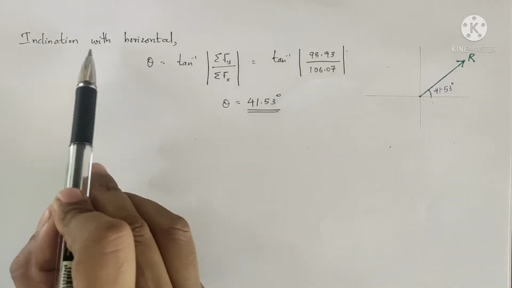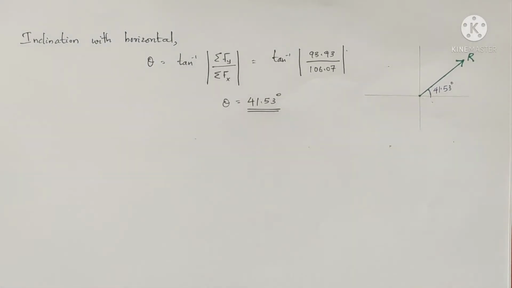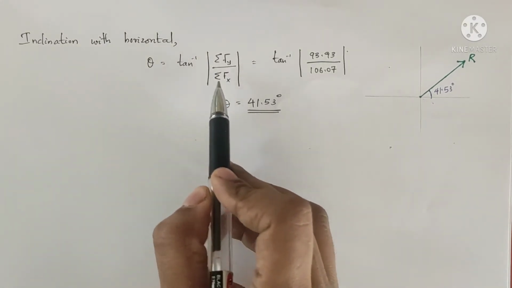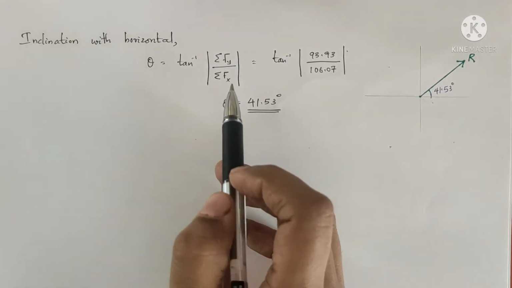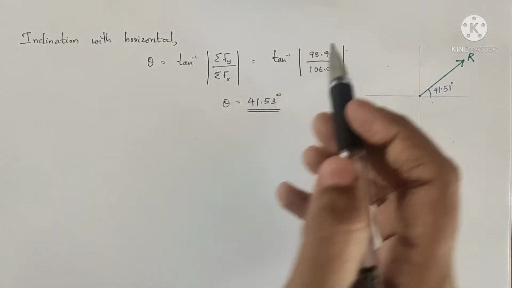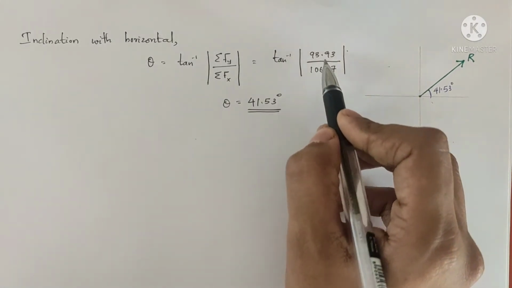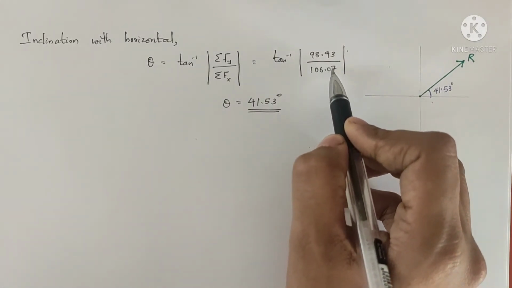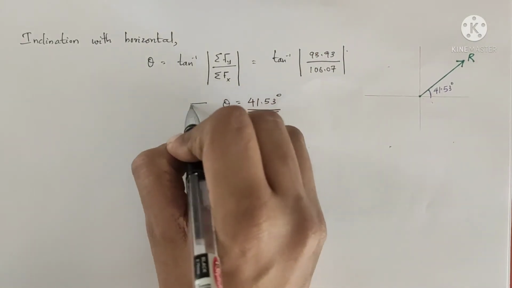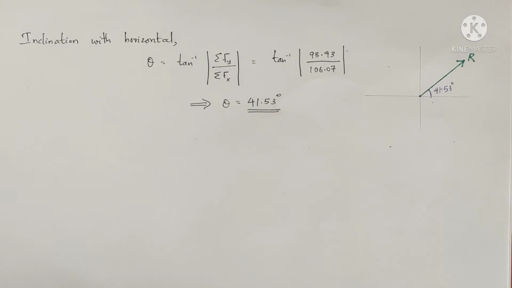Now we have to find the inclination with horizontal. So inclination of the resultant theta is equal to, the formula is written here, tan inverse mod of sigma fy by sigma fx. Just substitute the values, which we've already found: 93.93 by 106.07. Taking the tan inverse, we get theta is equal to 41.53.